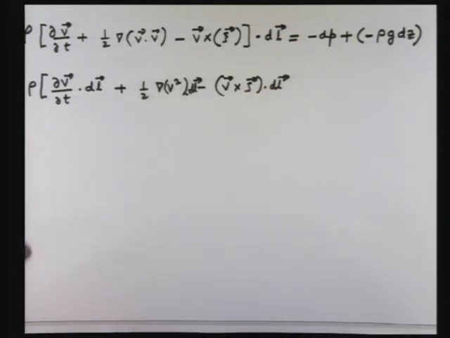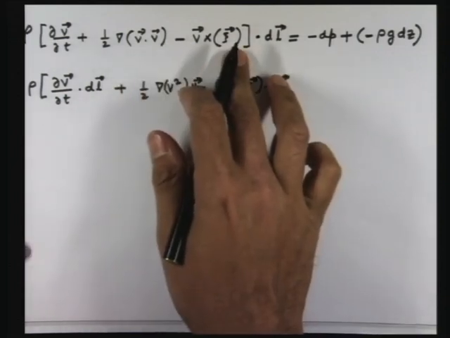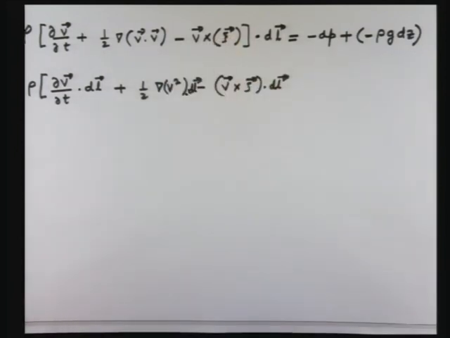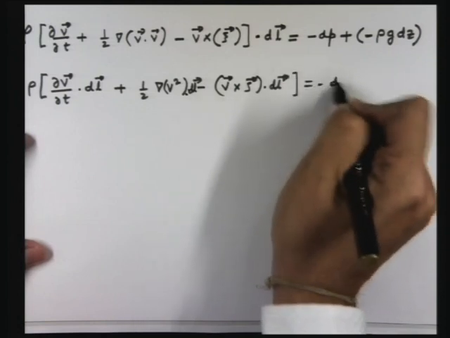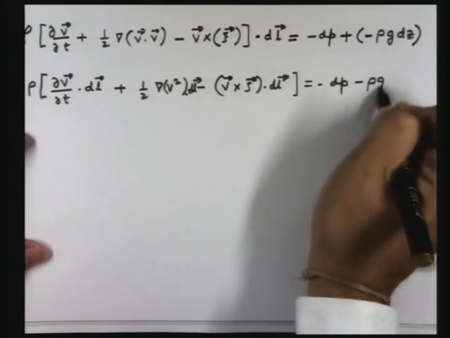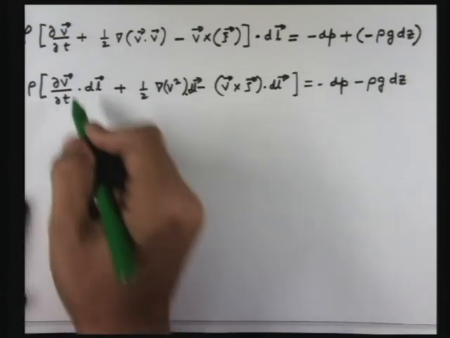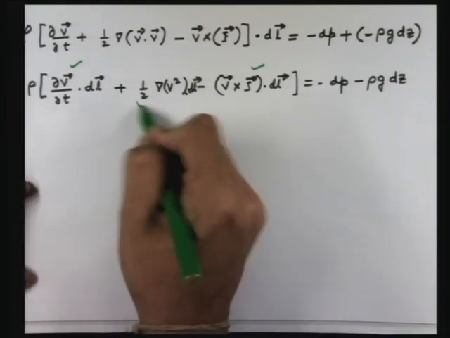Minus V cross zeta, that is the vorticity. Now let us simplify these terms. This term and this term need not be simplified any further. We will just simplify this term.